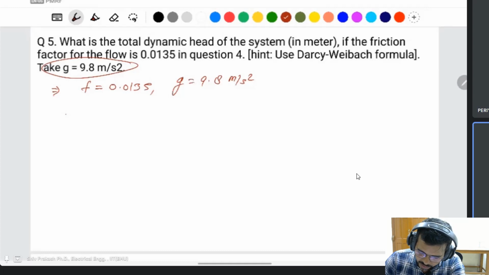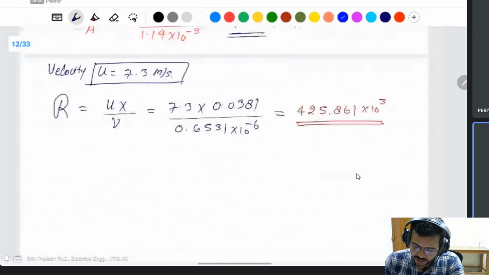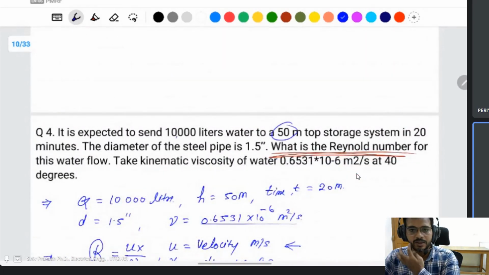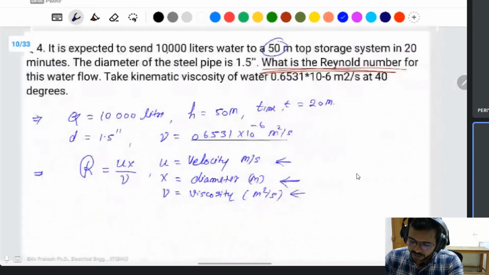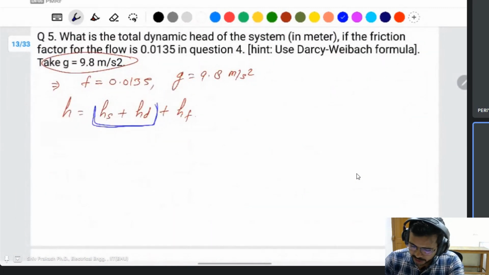Total head, you know, is the suction head, discharge head and friction head. The suction and discharge heads are both given in the question as 50 meter. Then calculate HF.